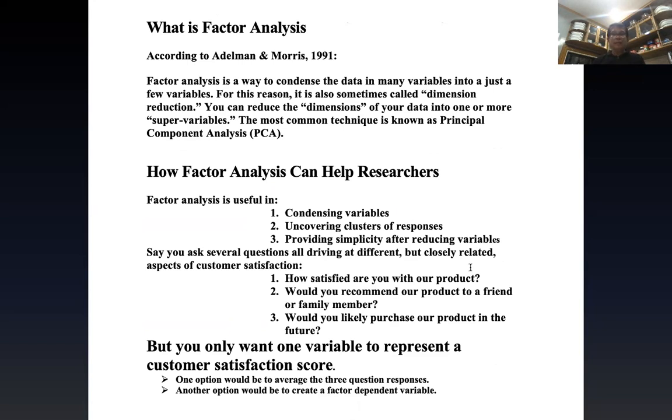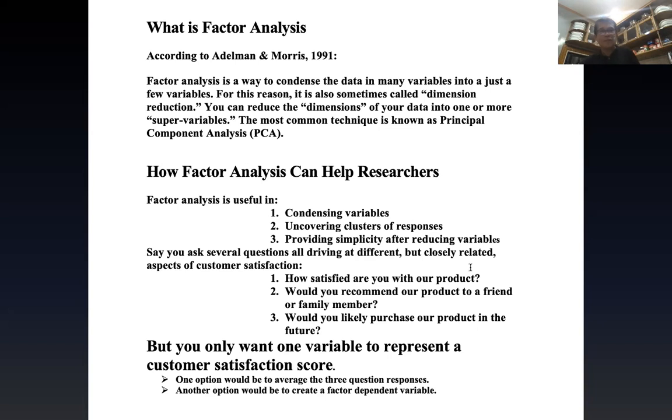There are many variables, so there are also many responses, which will be clustered into groups with commonalities among responses. Number 3, providing simplicity after reducing variables. Since the many variables are being reduced into fewer variables, those fewer variables can be classified as a simple set of variables.